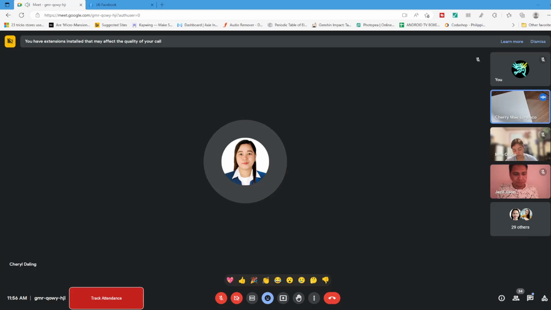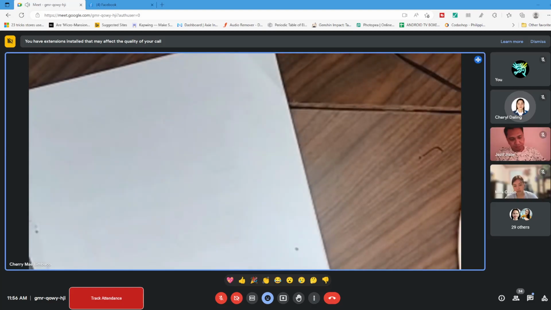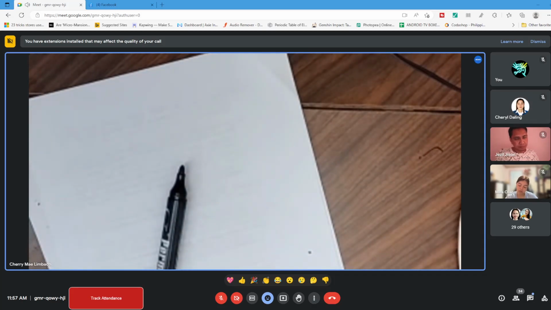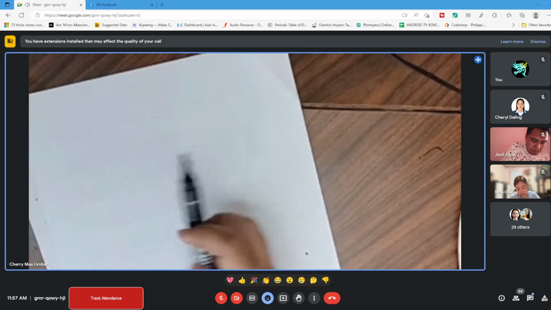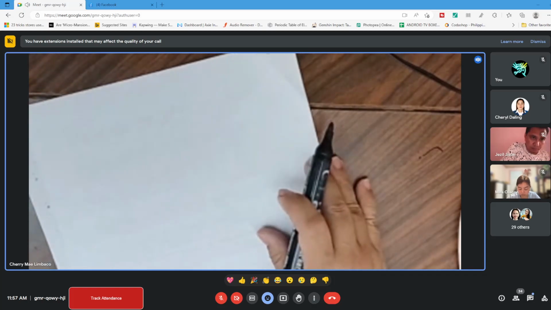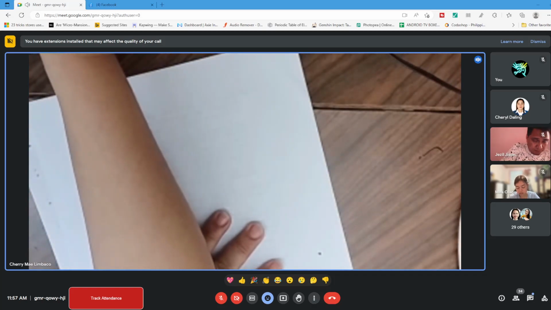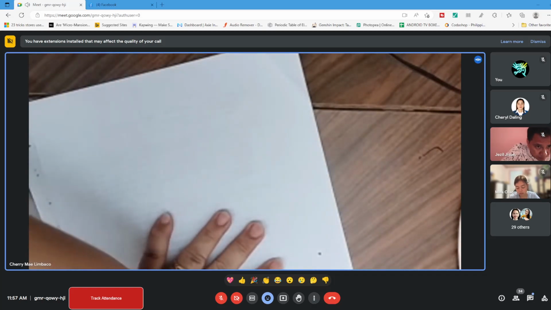Okay. We will now have what we call the measure of variation. Okay. Measure of variation, or sometimes they call this also the measure of dispersion.